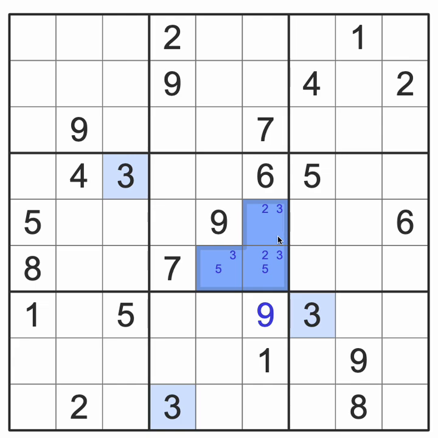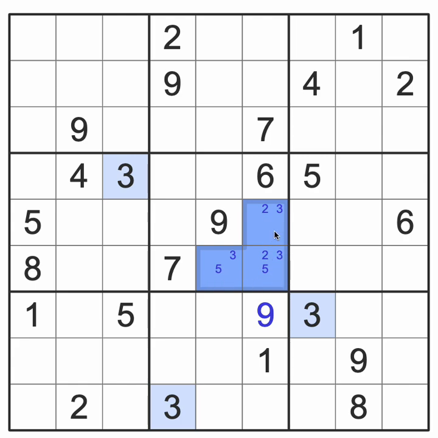Now I found 3 numbers that will have to use one of these 3 cells.